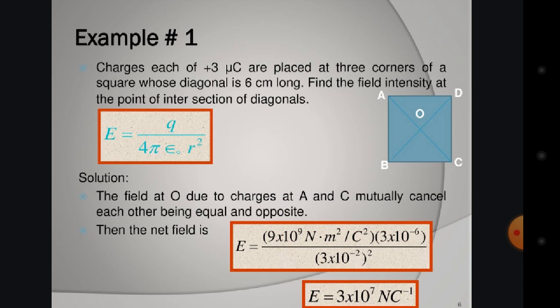So this is how we calculate the electric field intensity due to those charges at the diagonal intersection. Also the SI unit is very important. The unit that we have is Newton per Coulomb. This is the SI unit for electric field intensity.